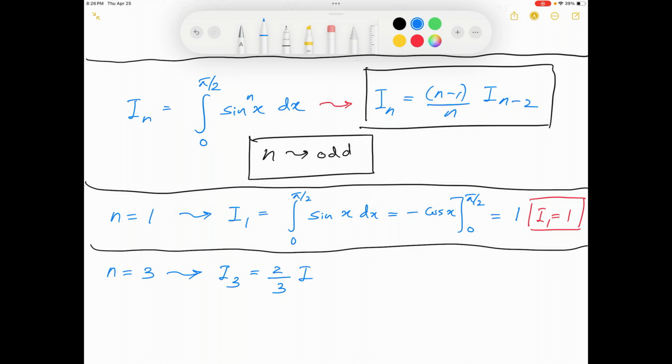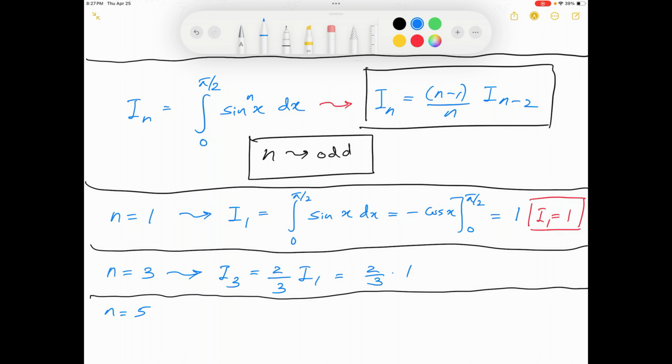When n is 3, n minus 1 is 2, n is 3, and I sub n minus 2 will be I sub 3 minus 2, which is I sub 1. So I sub 3 is equal to 2/3 I sub 1. I sub 1 was found earlier as equal to 1, therefore I'm going to substitute 1 right here. Okay, so we evaluated I sub 3.